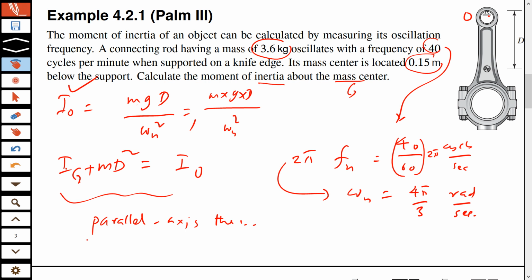So IG, the unknown, is simply IO minus MD squared. क्योंकि आपको IO आपने यहाँ से कैलकुलेट किया, M और D आपको पता है. So this is how you calculate the inertia about the mass center.